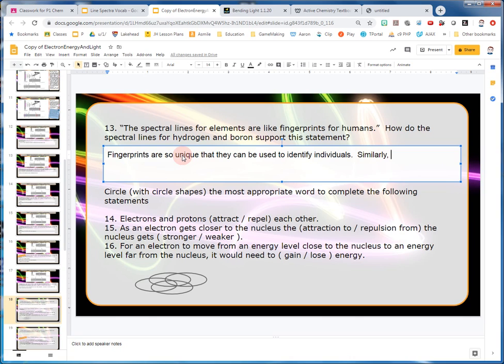Similarly, the line spectra for each element is also unique. So the line spectra could be used to identify individual elements.